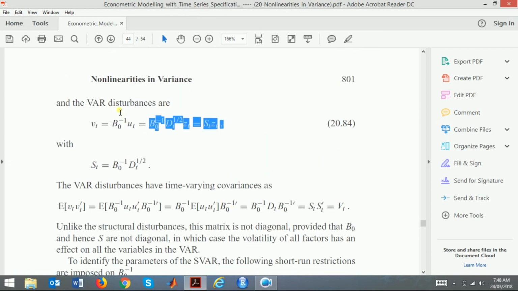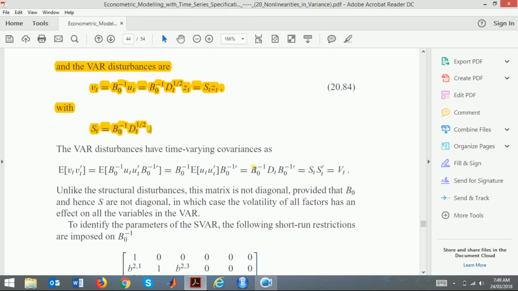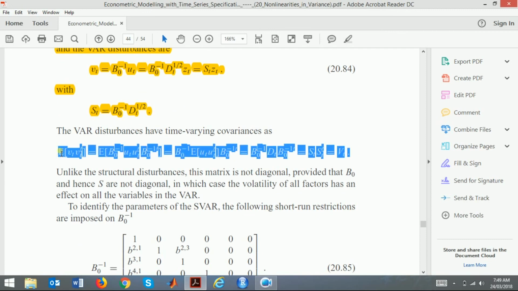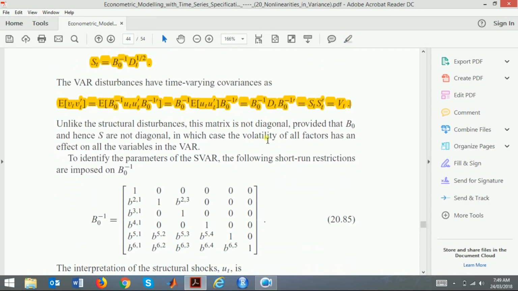The VAR disturbance is, as we studied before, S Z_t, where S is beta naught inverse root D. So the VAR disturbance has a time varying covariance. Unlike the structural disturbances, this matrix is not diagonal, provided that beta naught and hence S are not diagonal, in which case the volatility of all factors has an effect on all variables. So it's a contemporaneous relationship.